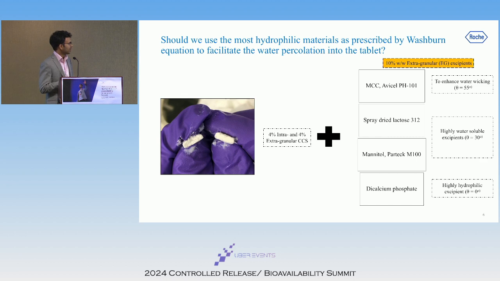So we evaluated dicalcium phosphate, which has a contact angle of 0 degrees, which indicates that it is a highly hydrophilic material, meaning that it has a capacity to enhance water uptake through the pores. Subsequently, we also evaluated mannitol and spray-dried lactose, and finally, Avicel with a contact angle of about 55 degrees should have a lower water uptake when compared to DCP.